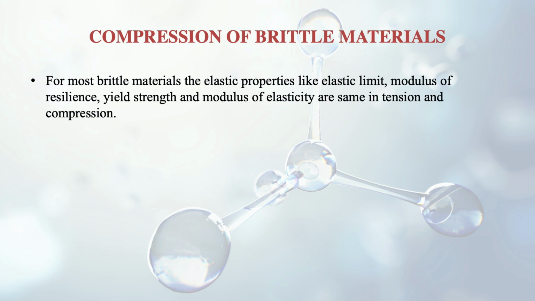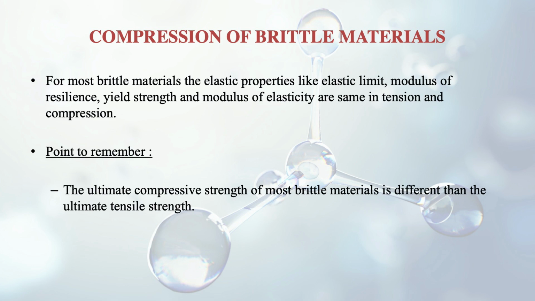So after talking about the compression of the ductile materials, let's talk about the compression of the brittle materials. For most brittle materials, the elastic properties like the elastic limit, modulus of resilience, yield strength and modulus of elasticity are the same in tension and compression. So for brittle materials, whether we do the tensile test or the compression test, all these properties are the same. Now what is different then? There is one point to remember.